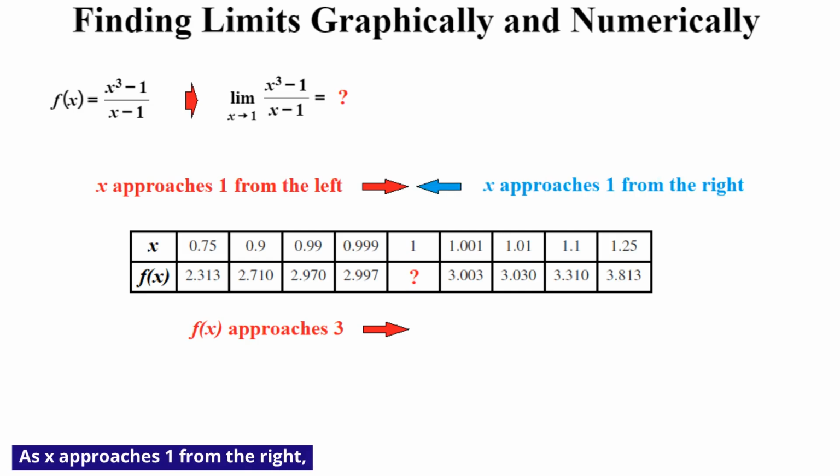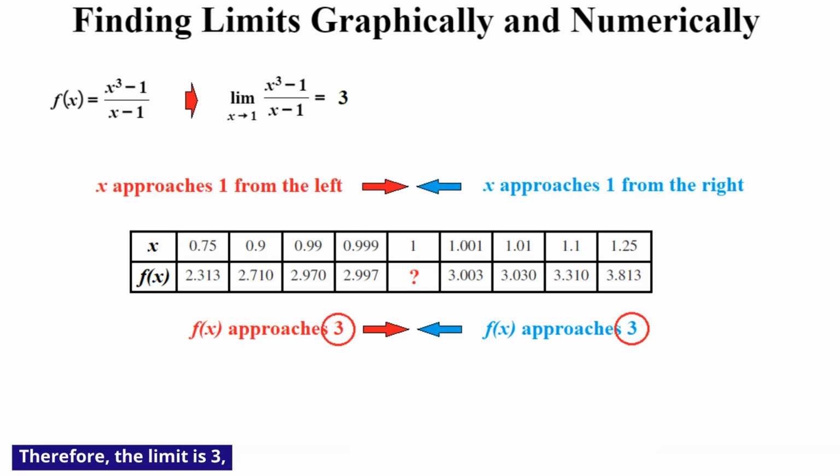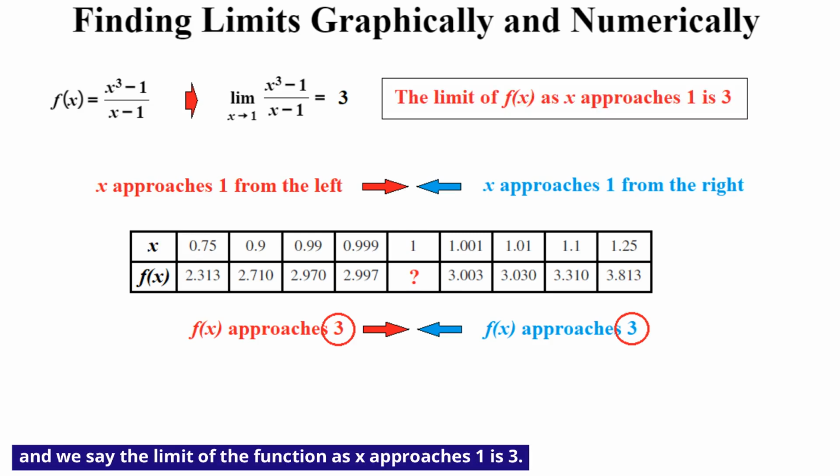As x approaches 1 from the right, the function value also gets closer to 3. We can see that the function value f of x gets closer to 3 from both sides. Therefore, the limit is 3. And we say the limit of the function as x approaches 1 is 3.